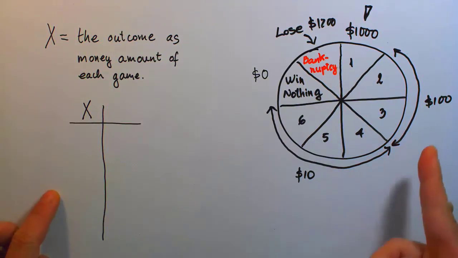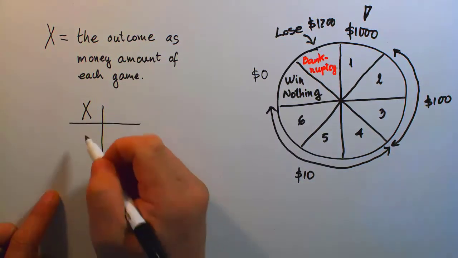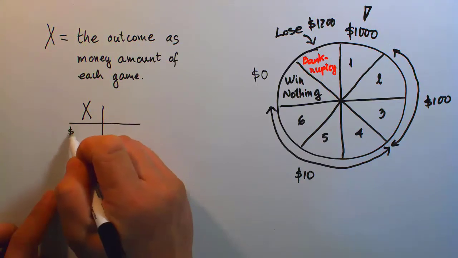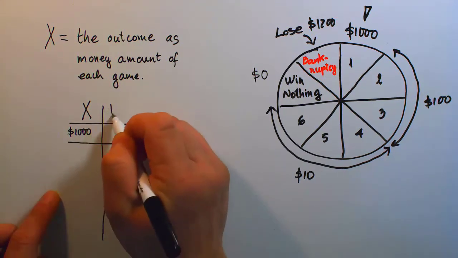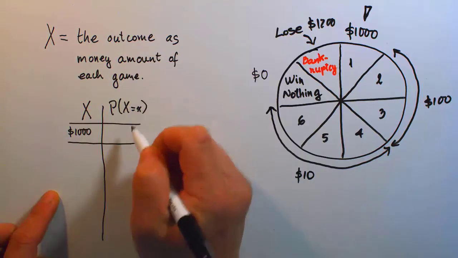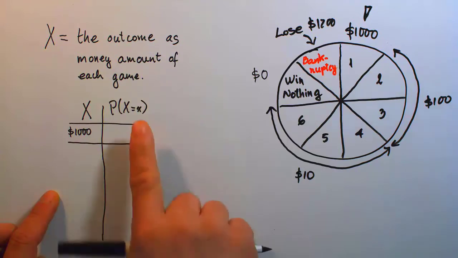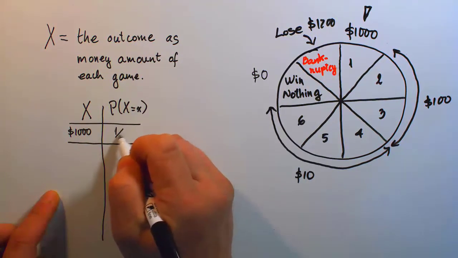If X is the value coming out of each game, each time we spin the wheel, then X can be $1,000. But the probability that X equals $1,000 is only 1/8.